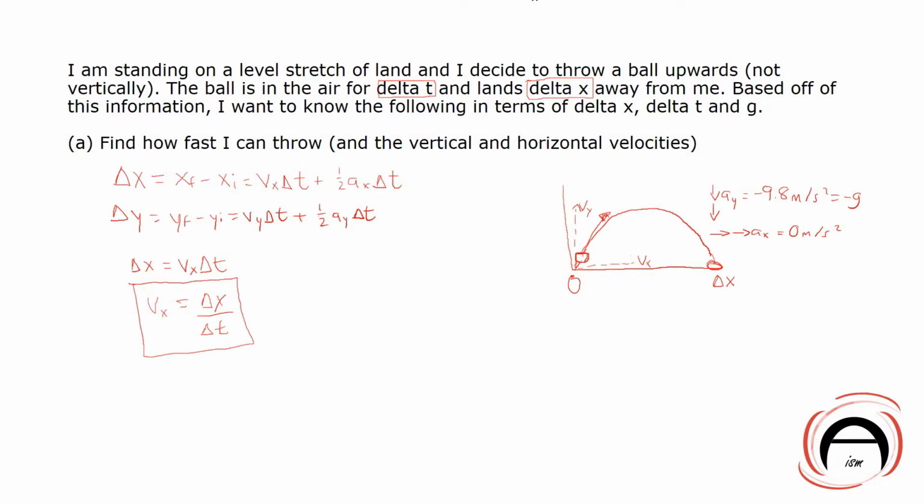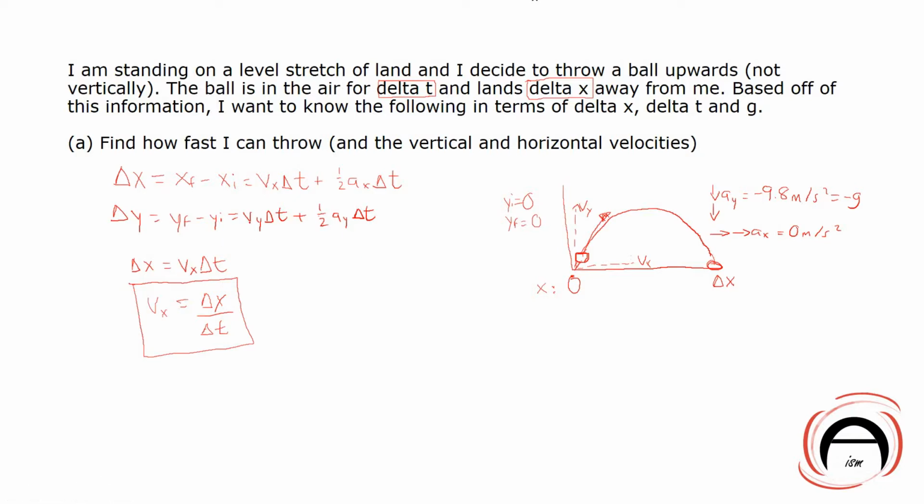Let me actually label these, x, and then in our y direction, we're going to be starting at 0, so y initial is going to be equal to 0. But since we're starting on the ground and we're also ending on the ground, our y final is also going to be equal to 0. So we know that our delta y is just going to be equal to 0.